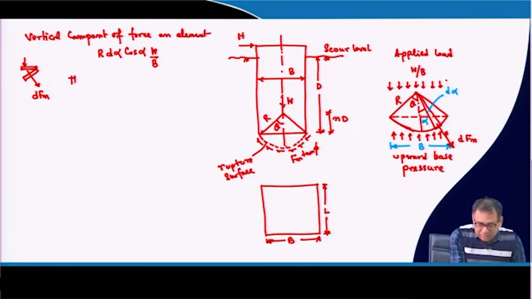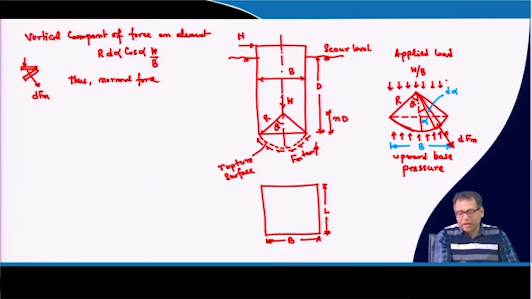Now, thus the normal force. Why have we taken the vertical component? Because your W by B is acting in the vertical direction, but the direction of the element that you have taken is not horizontal or vertical, it is at a certain angle. So, that is why the horizontal component of that element is taken, on which this vertical force will act.